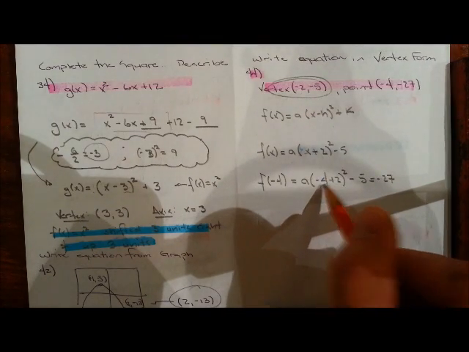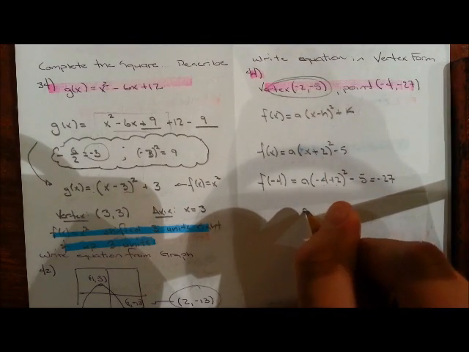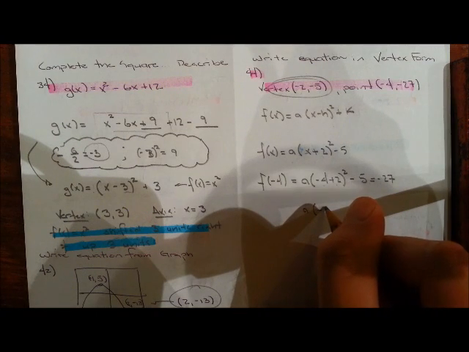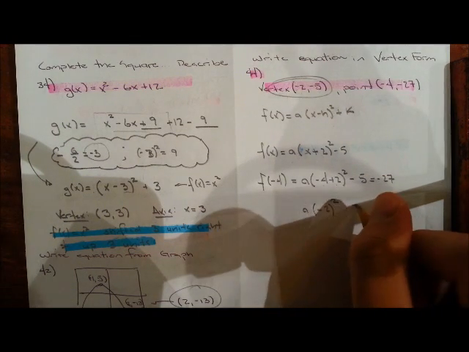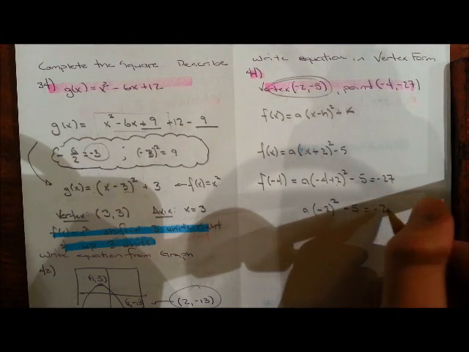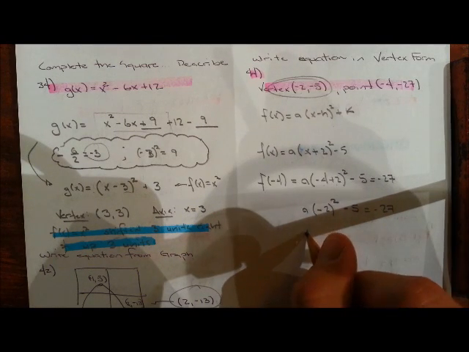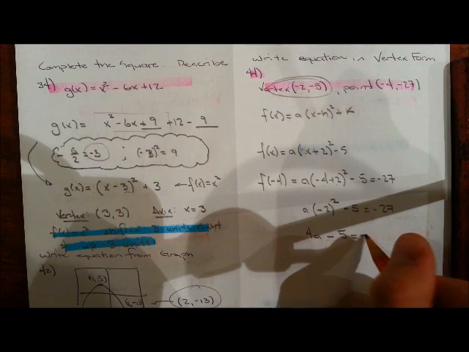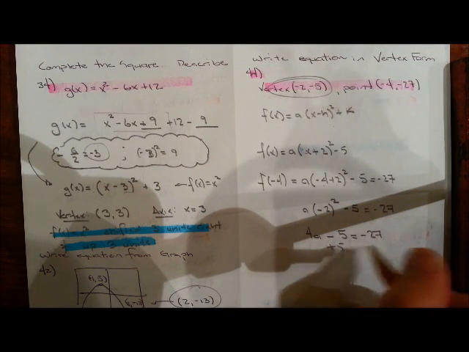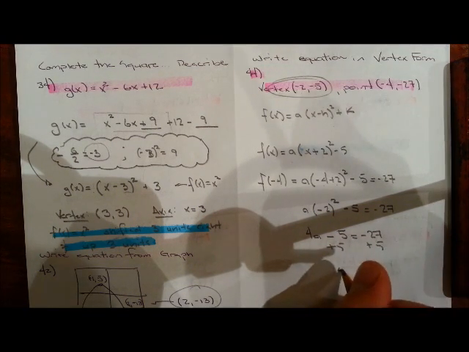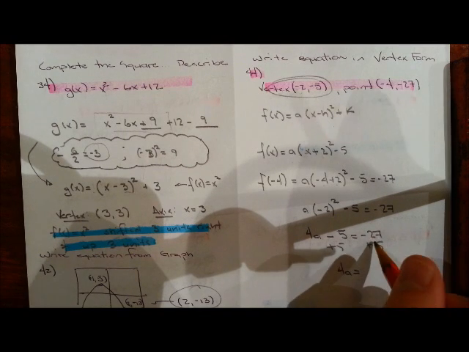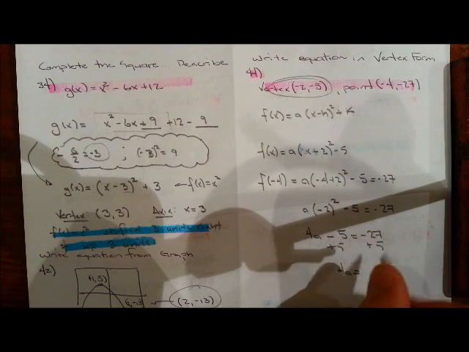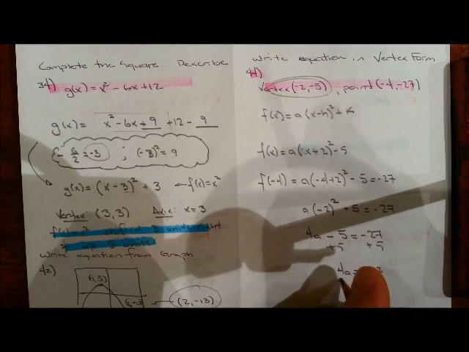So now solving out, this is negative 4 plus 2, so I have negative 2, I'm going to square, minus 5 equals negative 27. This becomes just positive 4a minus 5 equals negative 27. Add 5, add 5. I have 4a equals negative 27 plus 5. So I have negative 22.